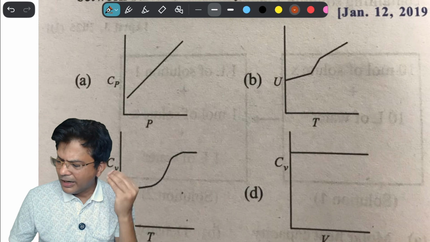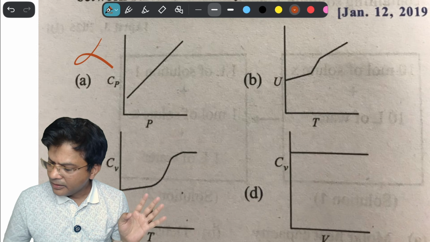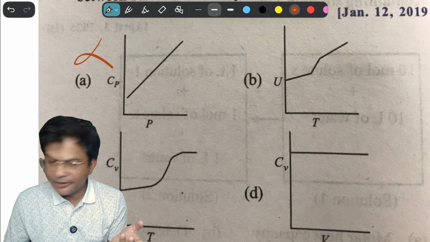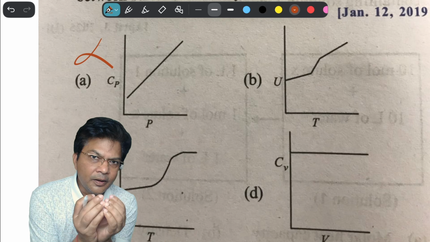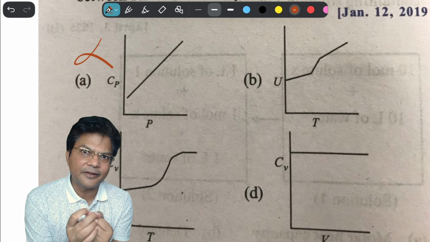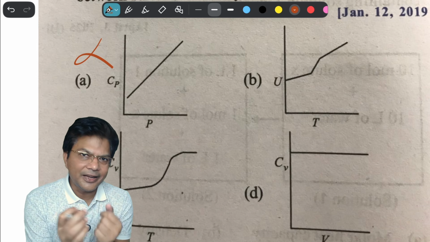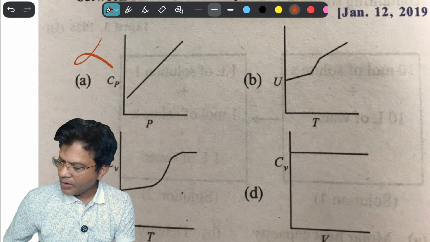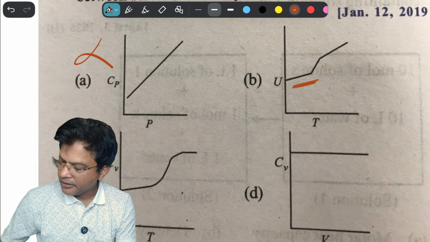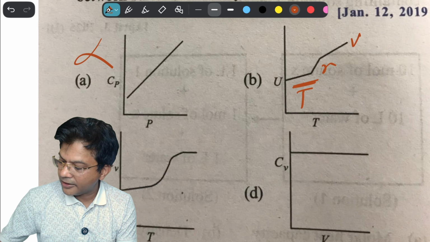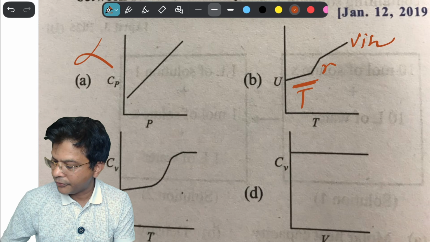Pressure will not change it. Change in intensity with temperature, definitely it will change. You know that translatory degrees of freedom are always active, rotational at a certain temperature and vibrational at very, very high temperature. First it's translatory, then it's rotational, and then it is vibrational, right? So it is true.